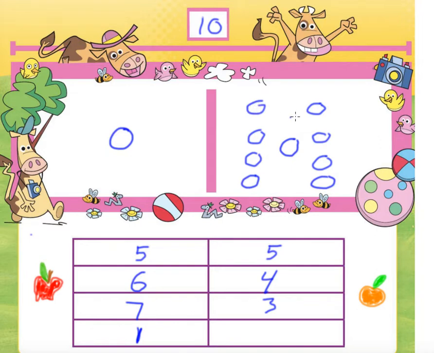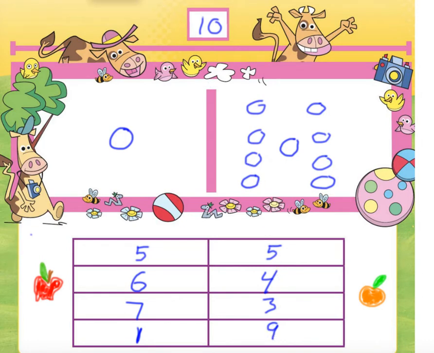Let's see how many circles I drew. 1, 2, 3, 4, 5, 6, 7, 8, and 9. So if I ate 1 apple and I'm allowed 10 pieces of fruit, I could still eat 9 more oranges.